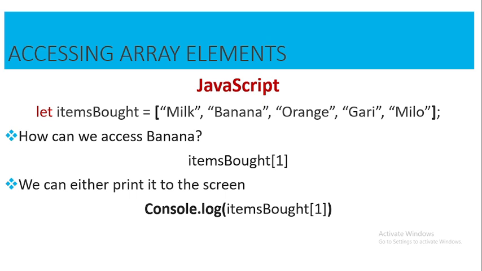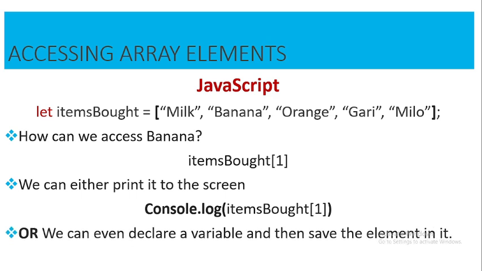Now after items-bot, square bracket open, then the index of the item I am accessing, and then we end it with the square bracket. This is the format we use to access an individual element.